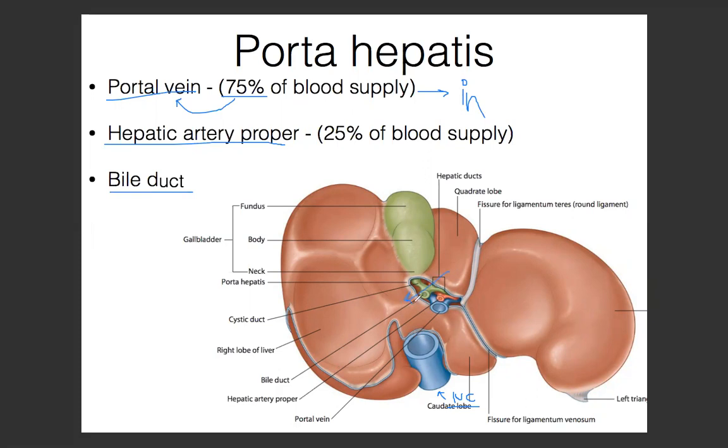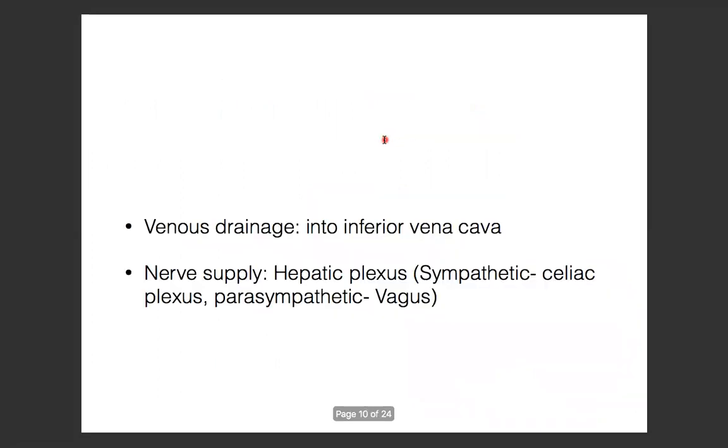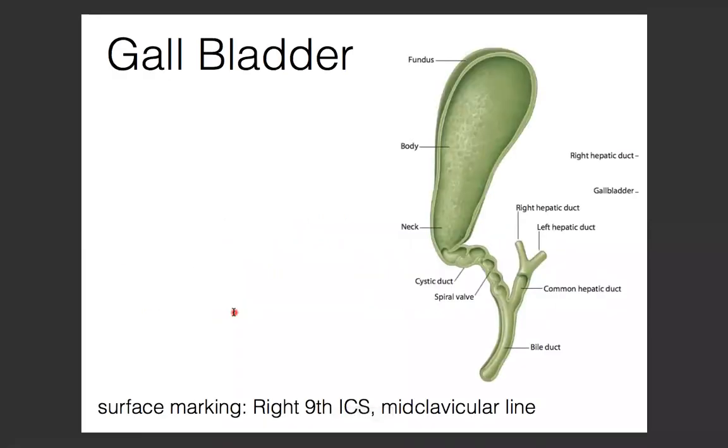The bile duct is going out of the liver into the gallbladder. So, venous drainage of the liver is into the inferior vena cava. Nerve supply is not important, but we could say hepatic plexus, with parasympathetic by the vagus nerve. Any questions for the liver?